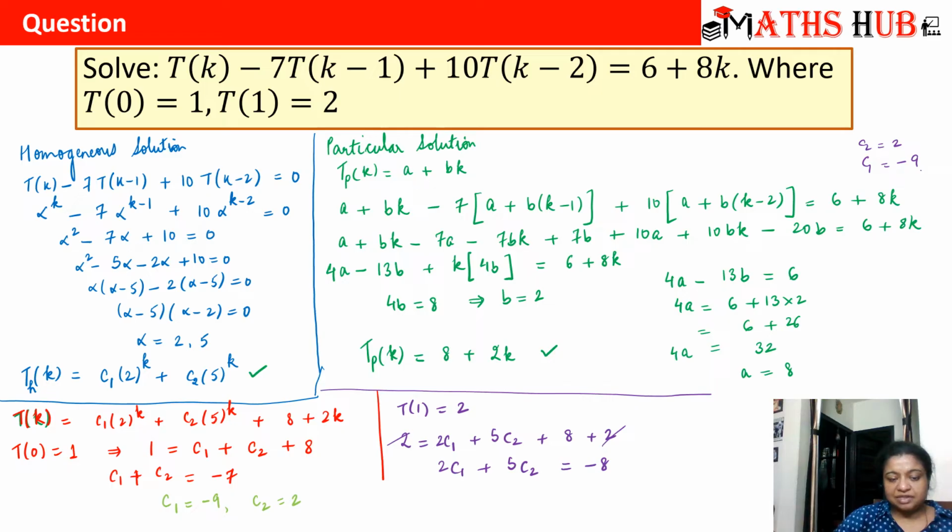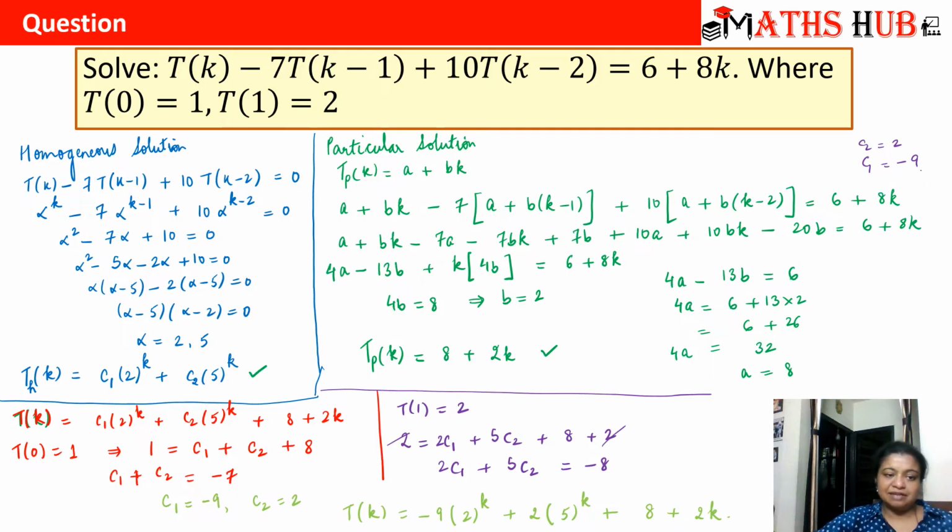So put the values in the recurrence relation. So Tk comes out to be minus 9 into 2 raised to power k plus 2 into 5 raised to power k plus 8 plus 2k, right? So this becomes your general solution.